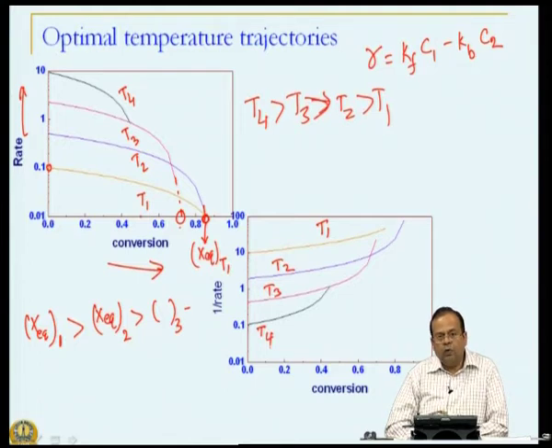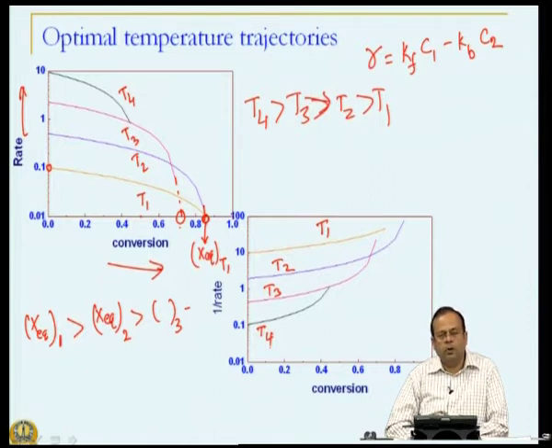We are now trying to see what should be my temperature for a batch reactor which is handling an exothermic reversible reaction, which gives me the lowest residence time to achieve some desired conversion. We know the lowest residence time will be obtained when the rates are high, or in other words, when 1 over rate is low.